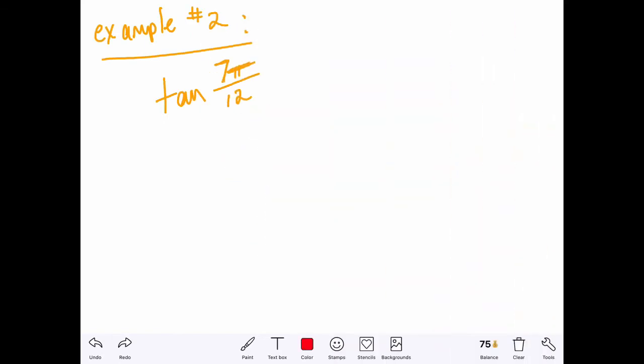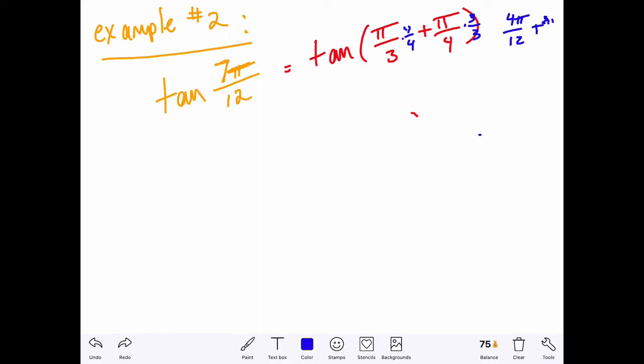Let's look at another example here, tangent of 7 pi 12ths, which is really the same as tangent of pi thirds plus pi fourths. Because remember, if I multiply that by 4 over 4 and that one by 3 over 3, that would be 4 pi 12ths plus 3 pi 12ths, which is 7 pi 12ths when I add them together.